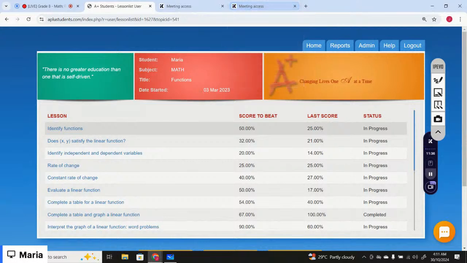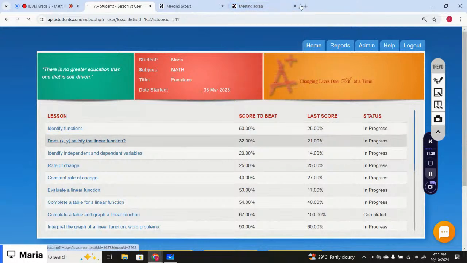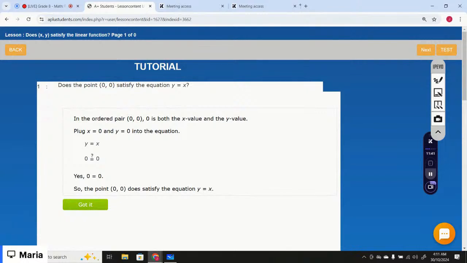The next lesson is does xy satisfy the linear function? Let's just start with the lesson. Does the point 0, 0 satisfy the equation y equals x?